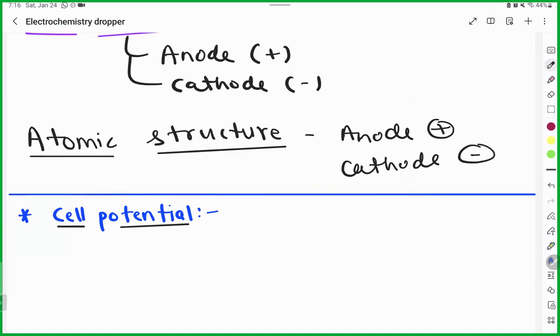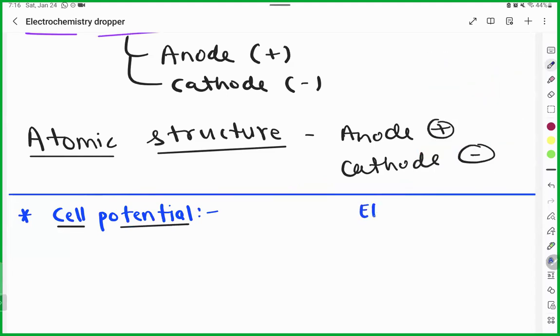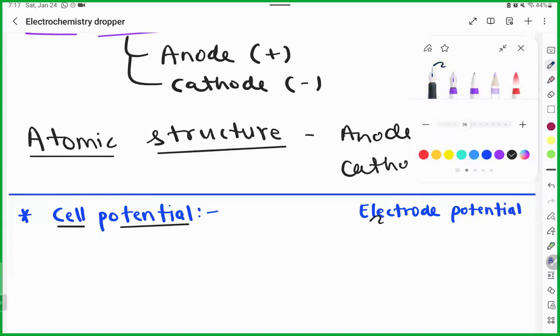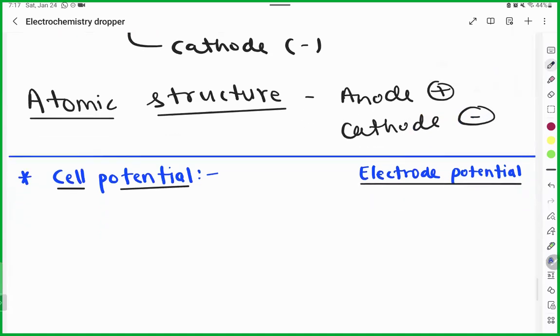Chandana, what is the difference? No, sir, I'm not sure. Jordan, difference between electrode potential and cell potential. I don't remember. Rayan, what is the difference between these two?